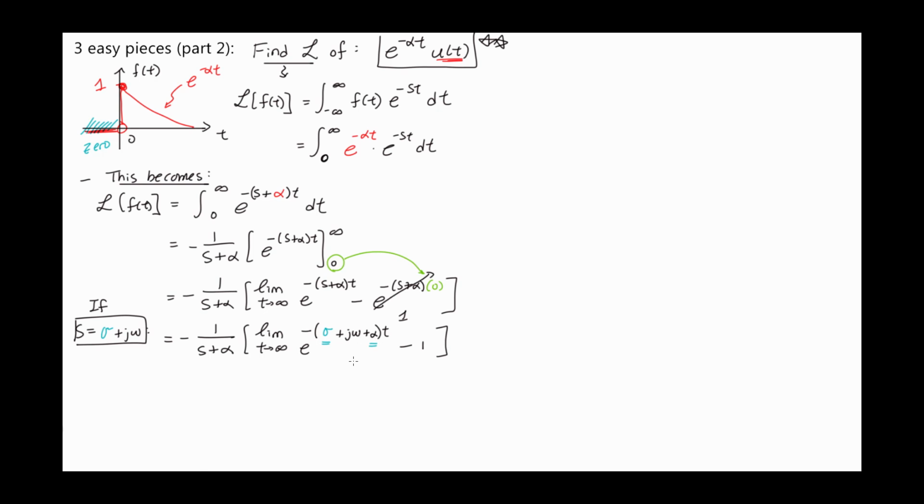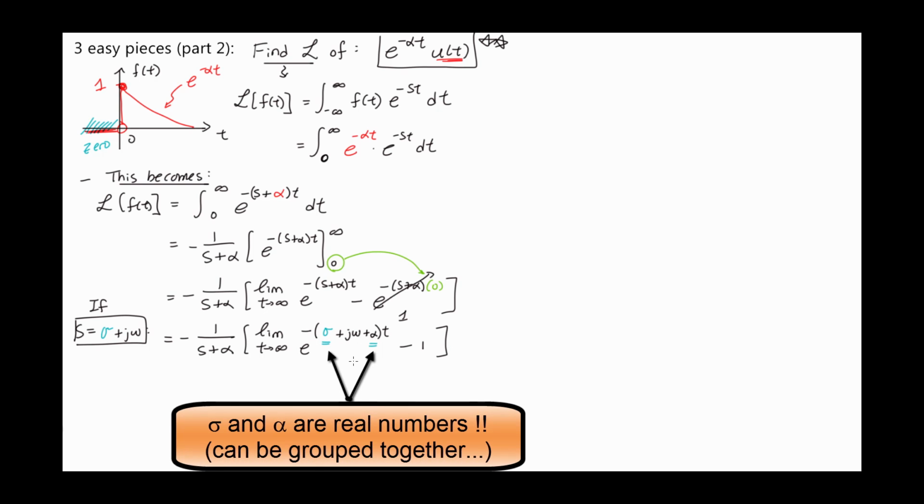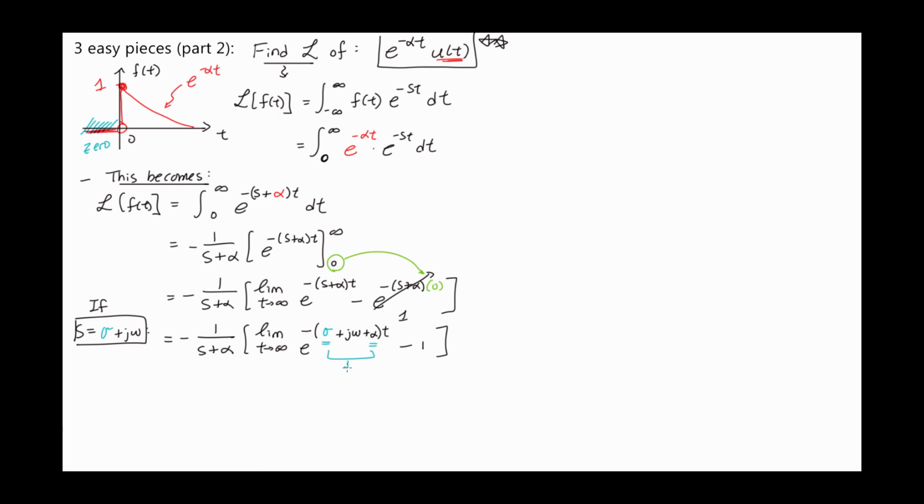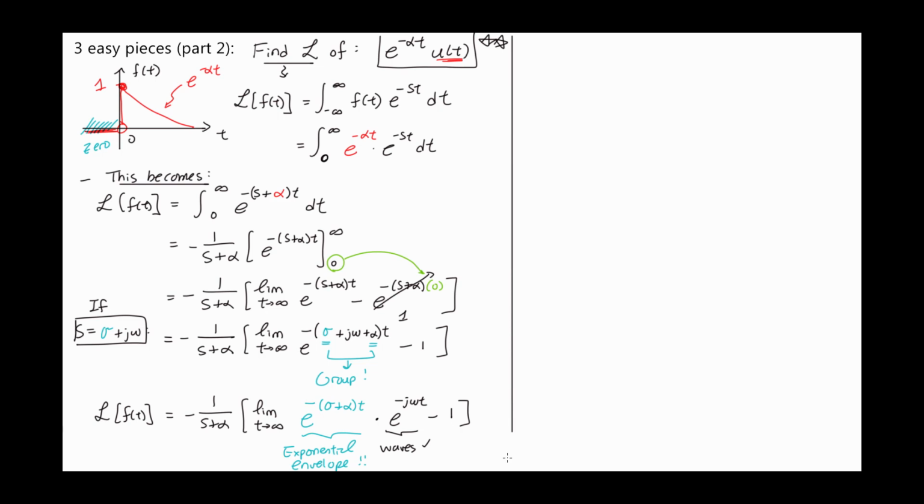Okay, the thing to note here is sigma and alpha are actually real numbers, so we can group them together into one part. So we're going to write the Laplace transform equals negative 1 over s plus alpha, times the limit as t approaching infinity, where we have an exponential decrease term in blue times an Euler term, minus 1. The Euler term, we know, is just waves. Now the blue part here must be the exponential envelope.